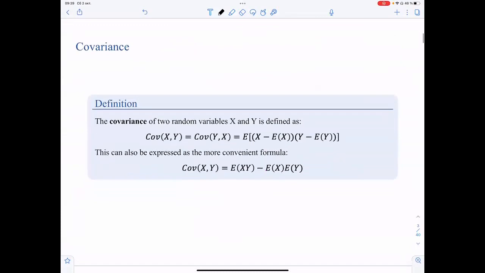We said that covariance, which is a symmetric metric, is estimated as the expectation of the multiplication of 2 deviations: of the first random variable from its own mean, and the same with the other random variable. So basically, the expectation of (X minus the expectation of X) times (Y minus the expectation of Y) gives you the covariance metric.